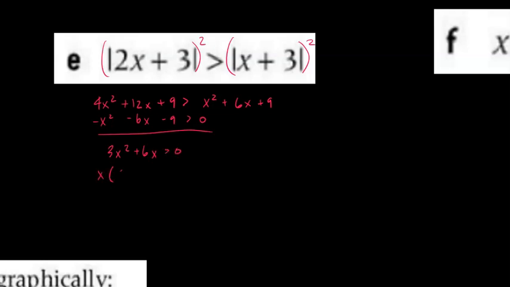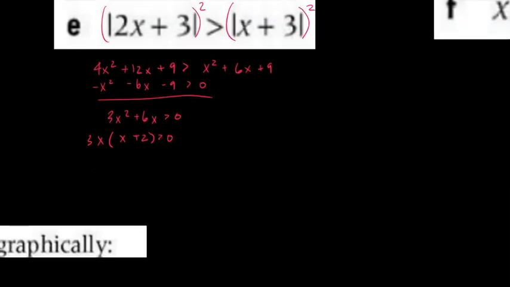Factor out an x. So let's factor out a 3x. So we have x plus 2 greater than 0. So this is going to tell me, once again, using that greater than, and you can test the limit. You can test it on a linear, and you can test the 0 and -2 if you wanted to.